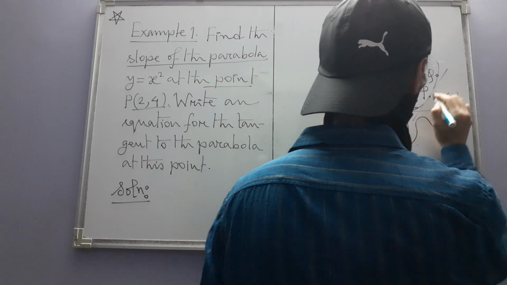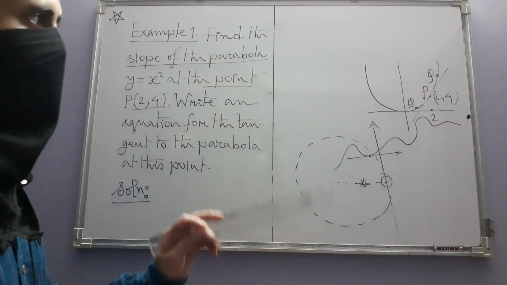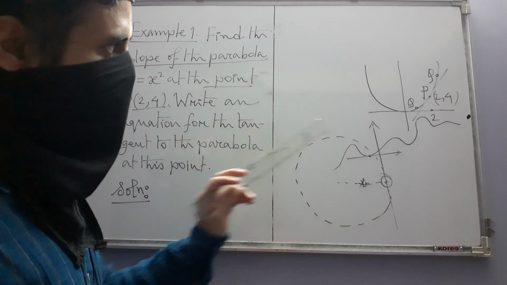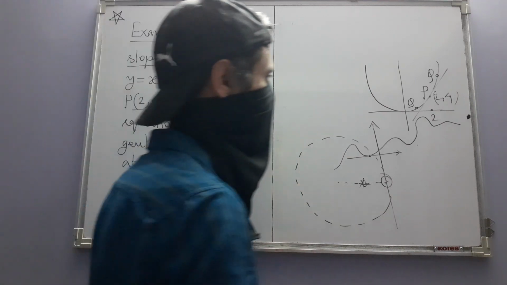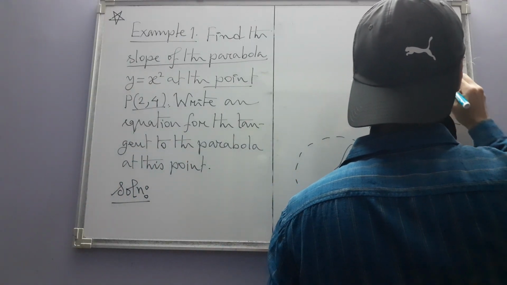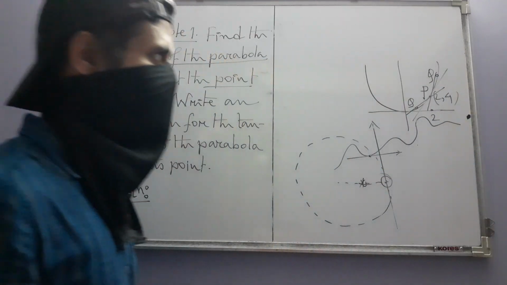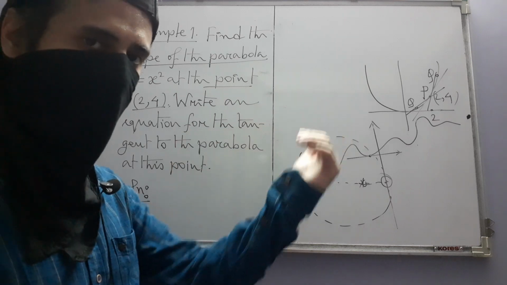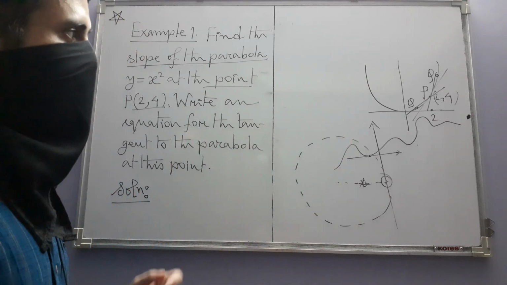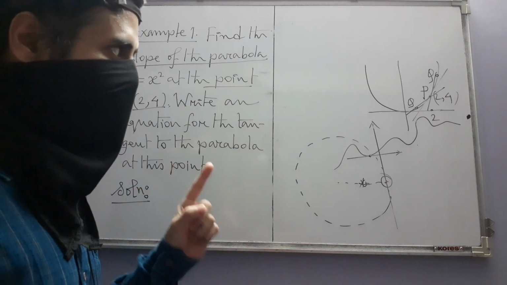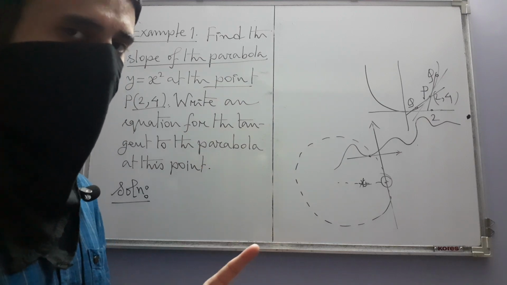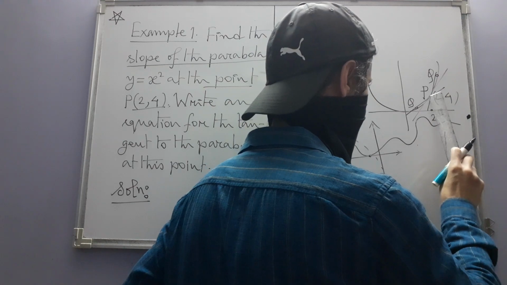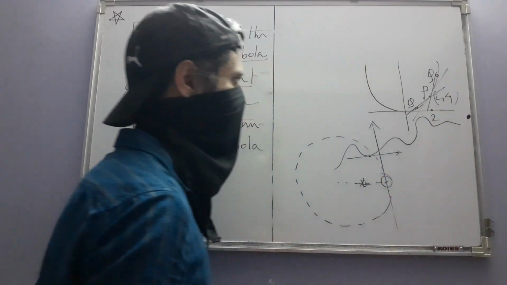Then make Q closer and closer to P, while at every instant you keep track of the slope of the secant PQ. If that slope reaches a limiting value as Q approaches P either from this side or from that side, then that limiting value is defined as the slope of the tangent to the parabola at this point P.